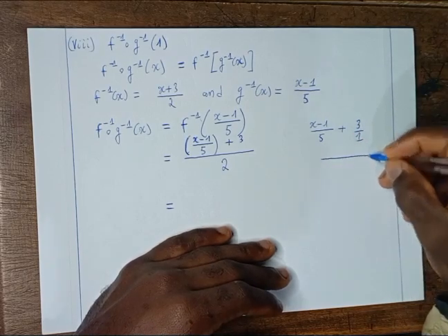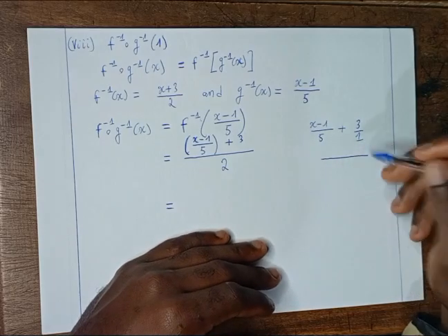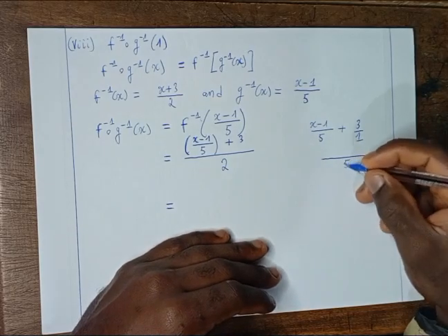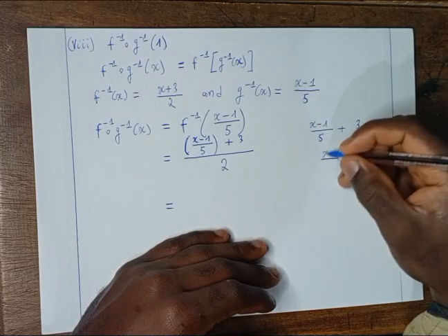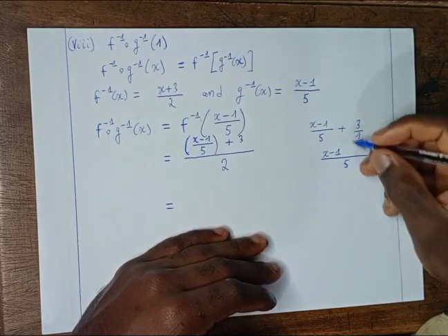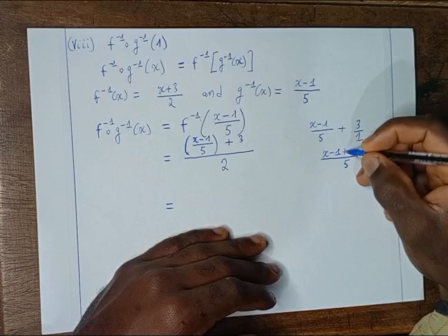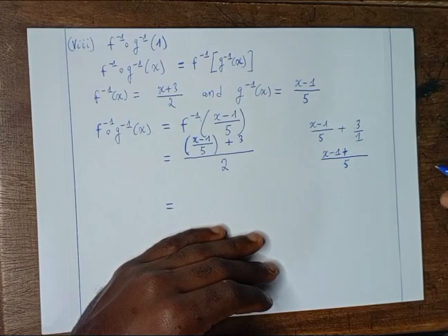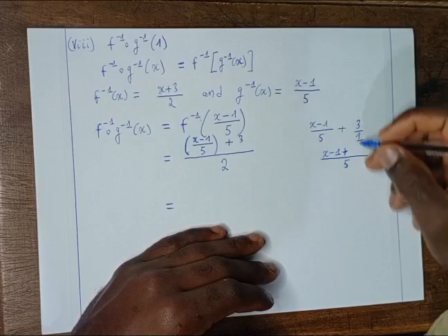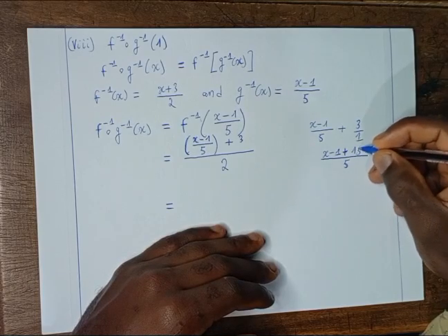We look for the LCM of 5 and 1, the LCM is simply 5. 5 divided by 5 will give us 1. 1 times x minus 1 remains x minus 1. The sign is plus. Bring it down. 5 divided by 1 gives us 5. 5 times 3 gives us 15.